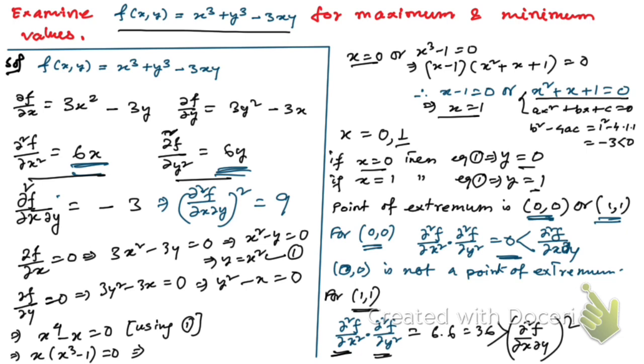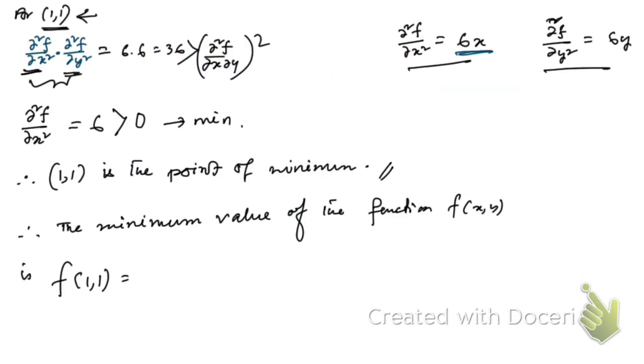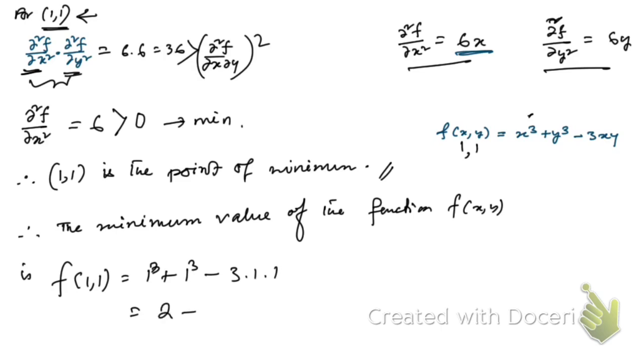What was the function? Let me copy this. If you put 1, 1 here, then we have 1 cubed plus 1 cubed minus 3 into 1 into 1, which is 2 minus 3, that is minus 1. That's what we're going to have.